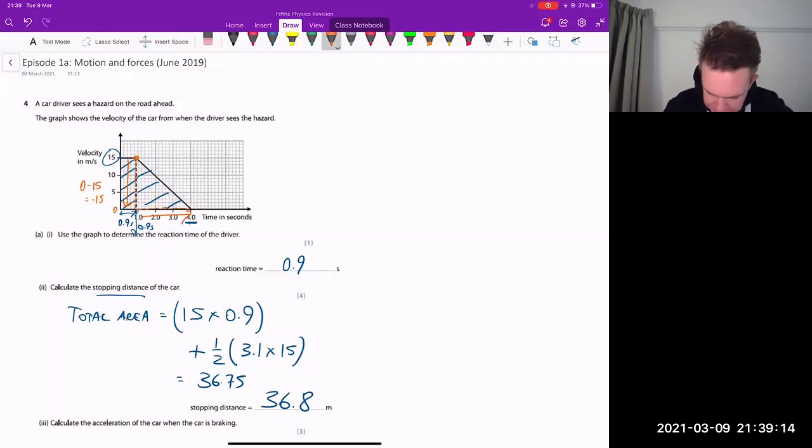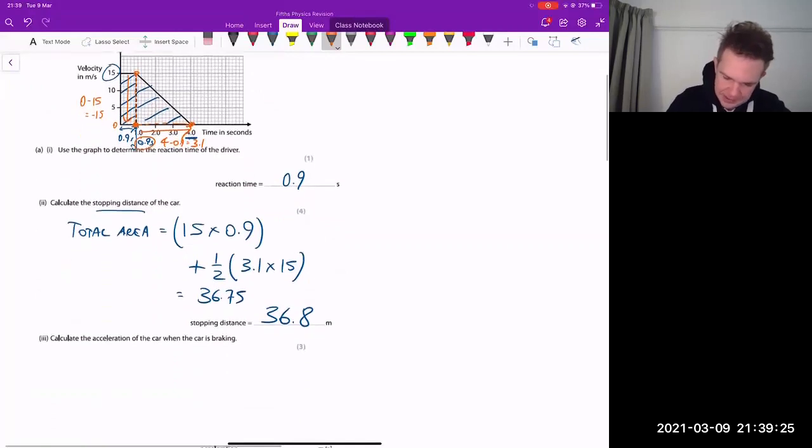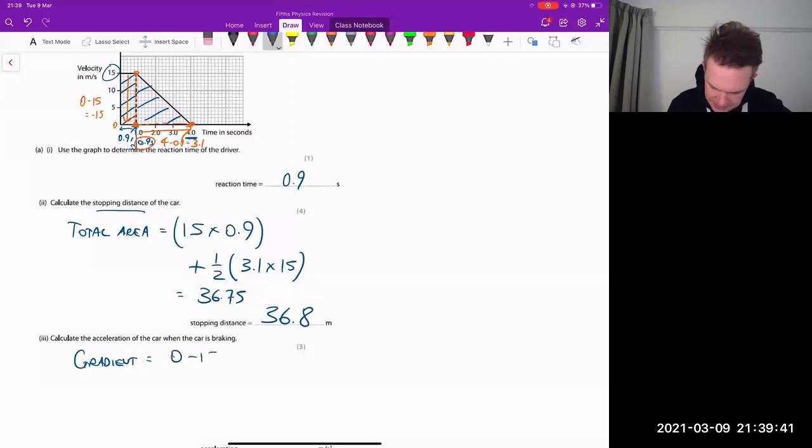And then the run is going to be from 0.9 down here to 4. So it's going to be 4 minus 0.9, which is our 3.1 seconds. So the gradient is going to be minus 15, or we could write the working as well. 0 minus 15, change in the velocity divided by the change in time, which is 4 minus 0.9.